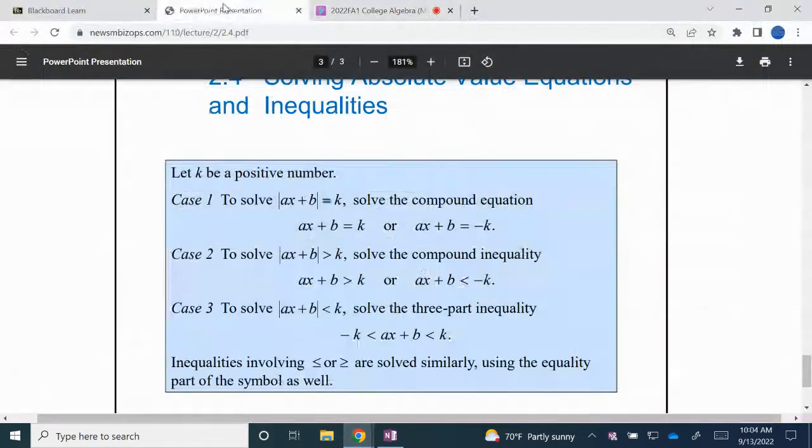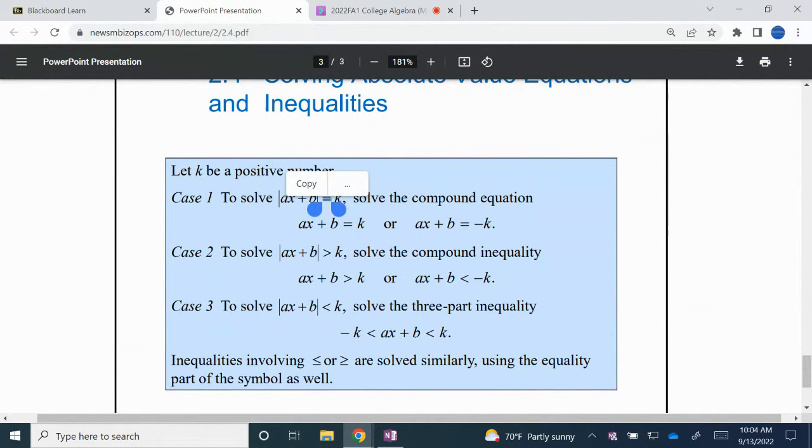Right? So if I go back to case number 2 and case number 3, right? We'll notice that for case number 2, give me 1 second.